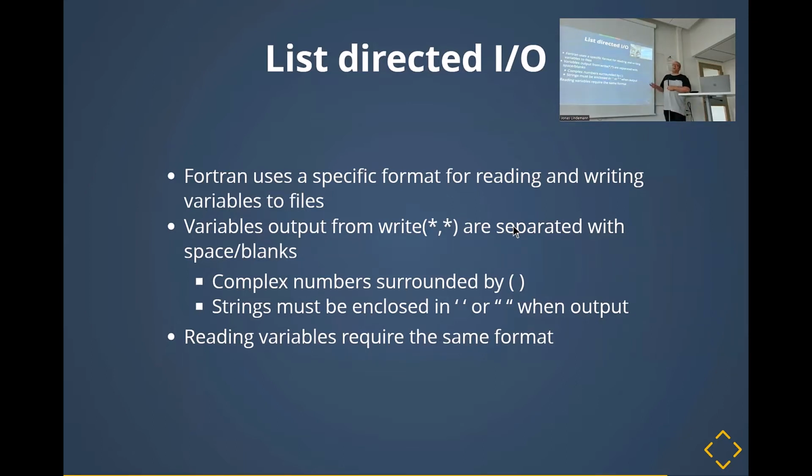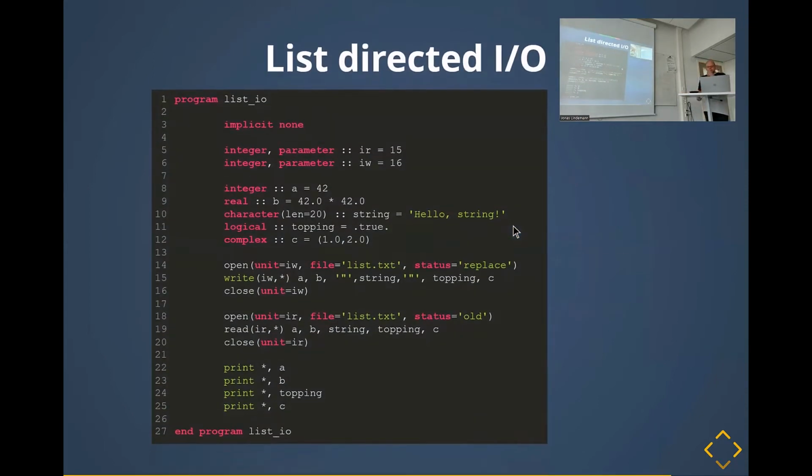And then if you want to read back, it has to be the same format. So you can't have your own format. It has to be the same format if you want the read statements to work. So here I have some variables I've declared here, string, boolean, and a complex value here. If I open the file here, if you already have a file on disk, you can have an option here that I want it to be replaced. That I don't want to create a new one, it should be replaced.